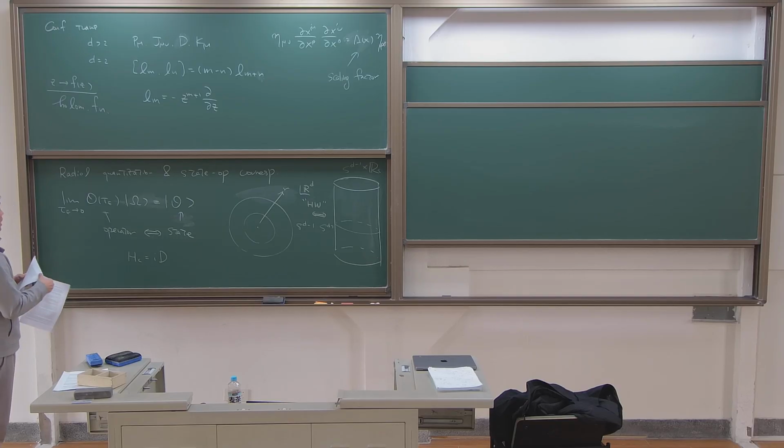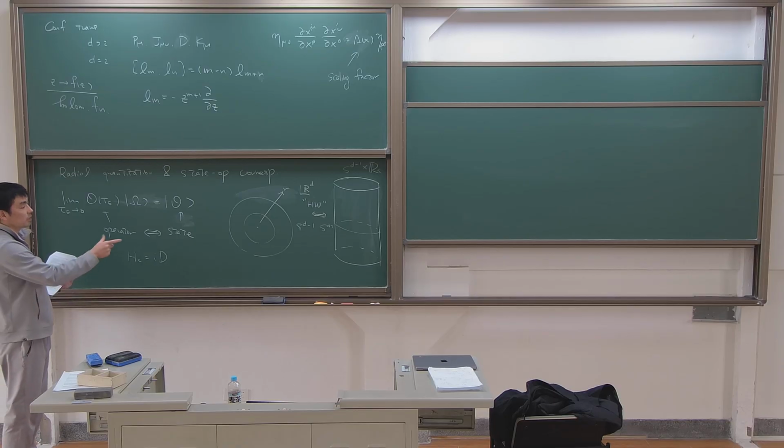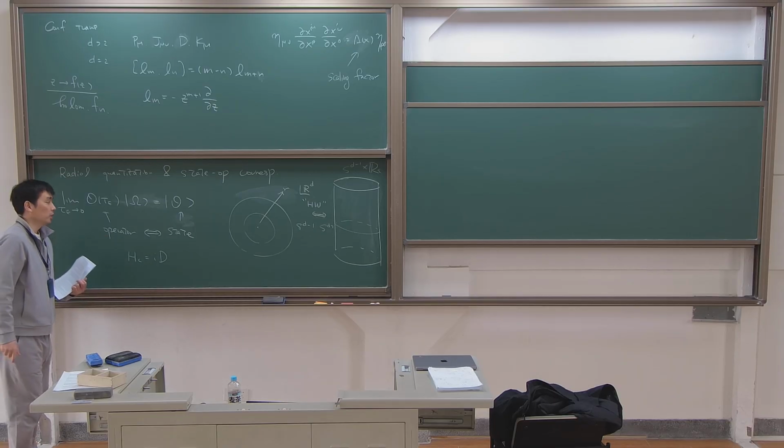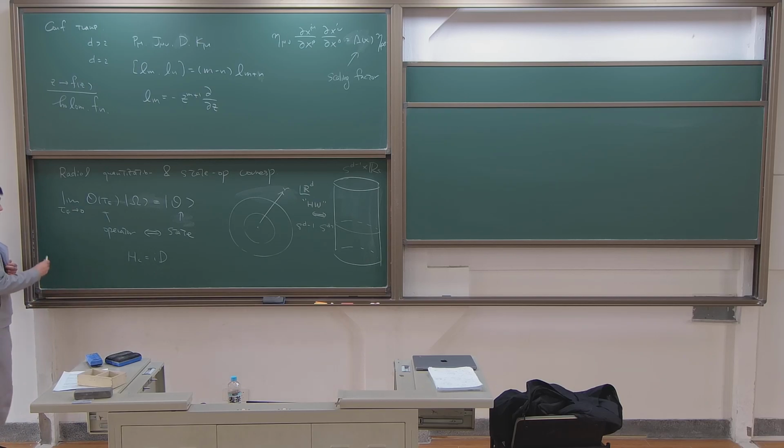And then we define the state-operator correspondence. Here we just use the Heisenberg picture, so the operator has a time dependence, but the state doesn't change.